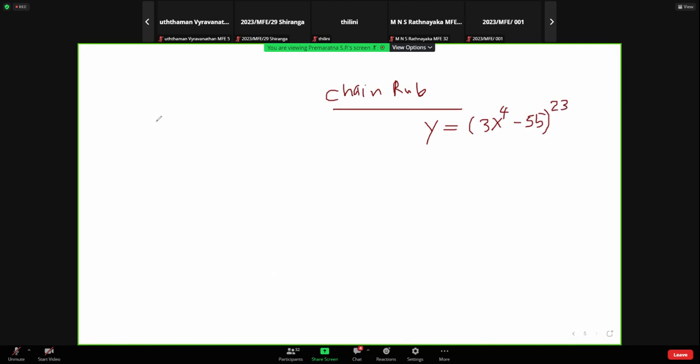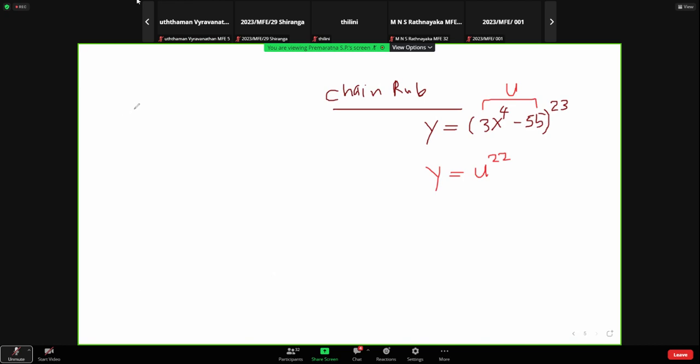So here also, what we can do, this part maybe we can use as a u. Then you have the equation y equals u²². But you know u equals x⁴ minus 5.